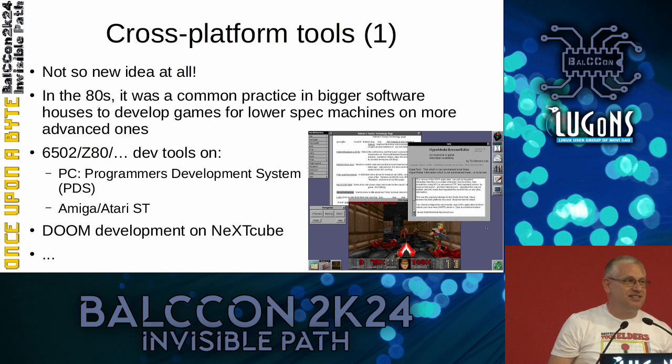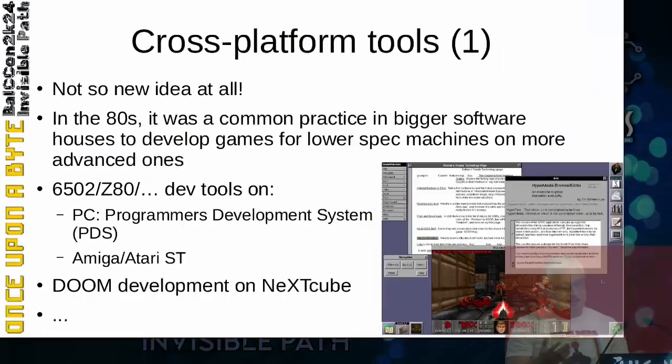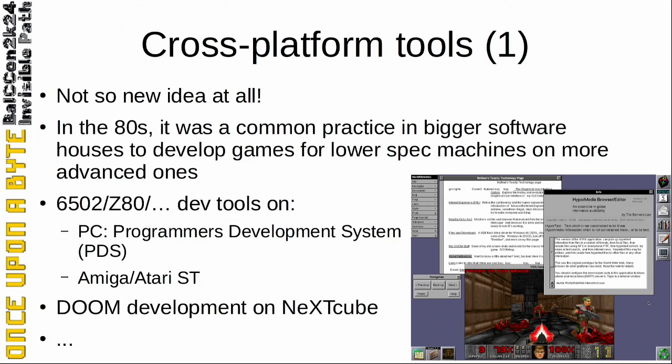A famous example is that the game Doom was really not developed on the PC, but on the NeXT Cube, which was at the time simply a more powerful machine. So the idea of using some other systems to develop something for the less powerful one is something that has been used quite often in the last 40 years. And I guess it was used even before, but I am dealing with retro computers from the 80s, and this is where I stop.